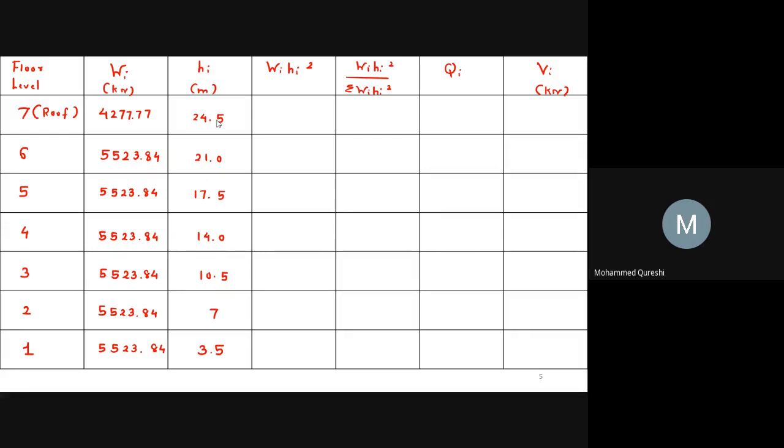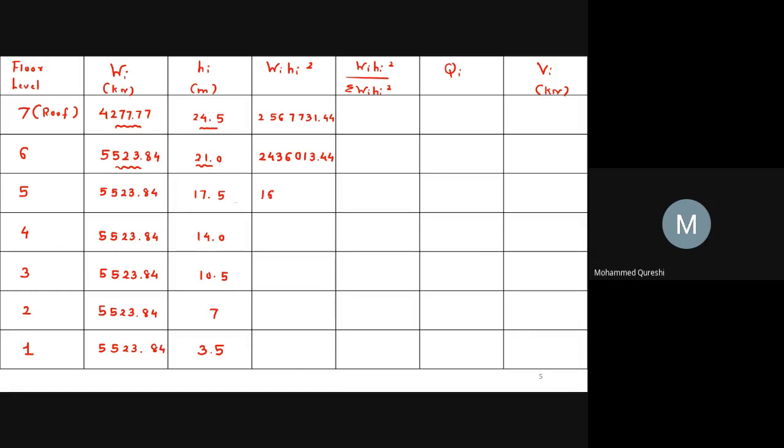So now we have to multiply both these values, that is 4277.77 into 24.5. So you will get 2567731.44. Similarly, we have to multiply 5523 into 21. So we will get 2436013.44.